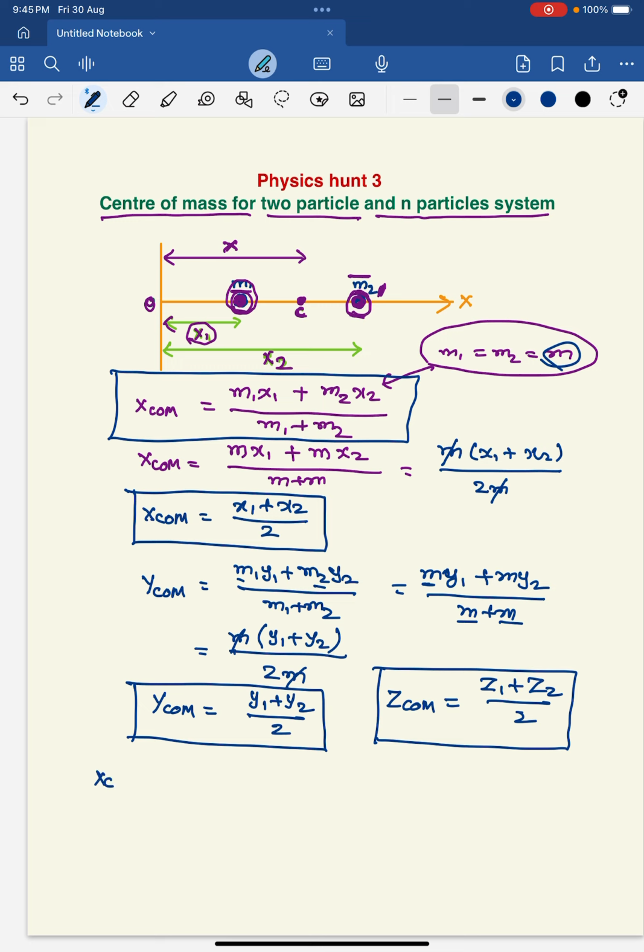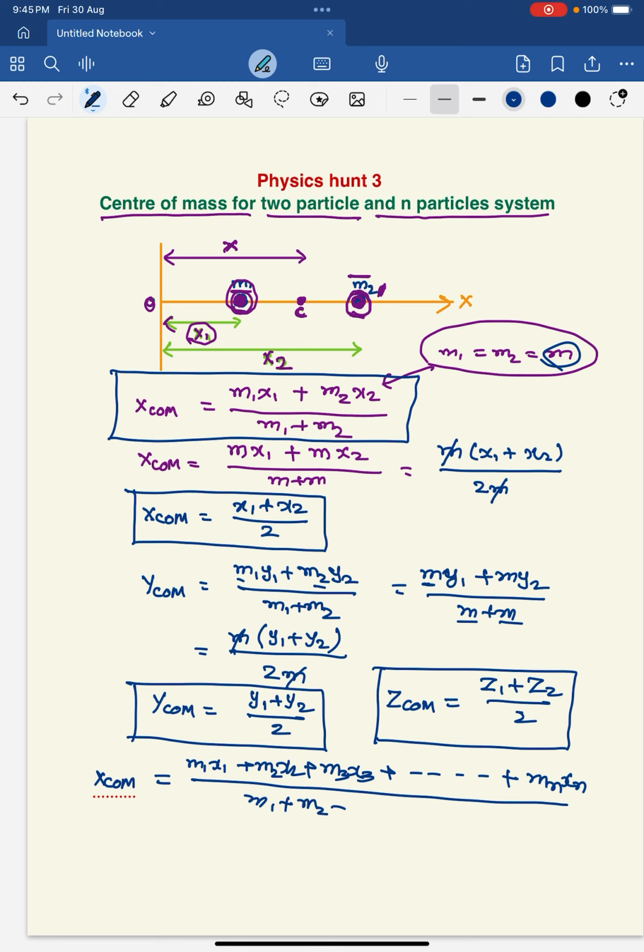The x center of mass for n particles is m1 x1 plus m2 x2 plus m3 x3 and so on up to mn xn, divided by the total mass, m1 plus m2 plus m3 and so on up to mn. So it is the sum of all the particle masses times their distances.